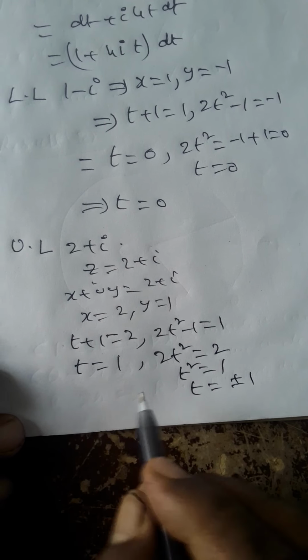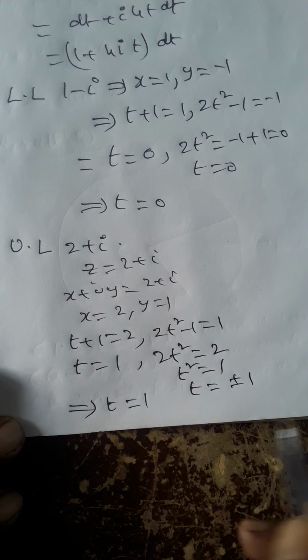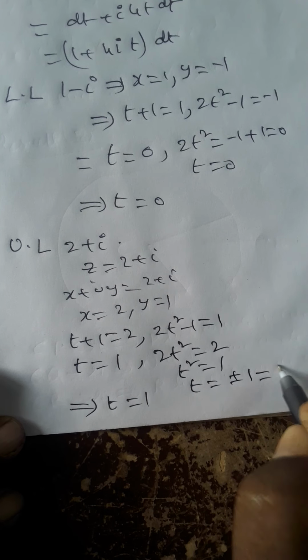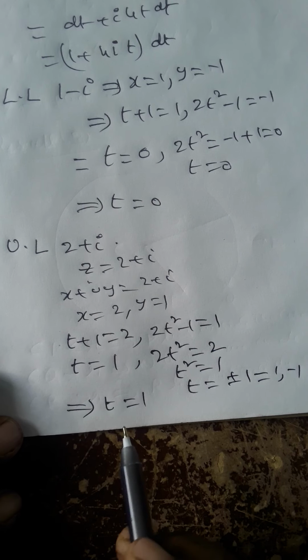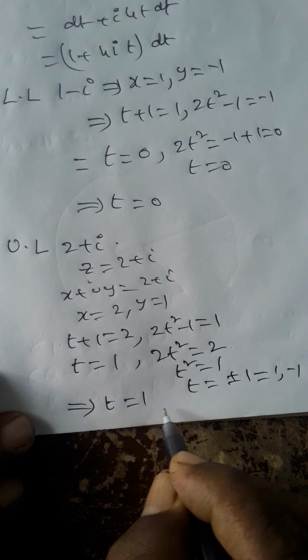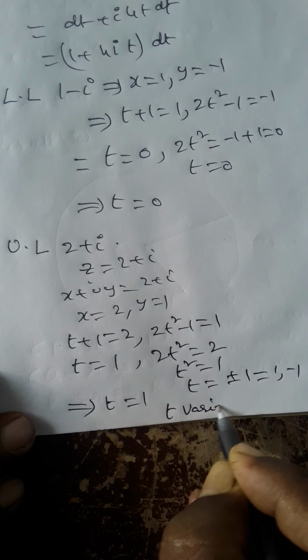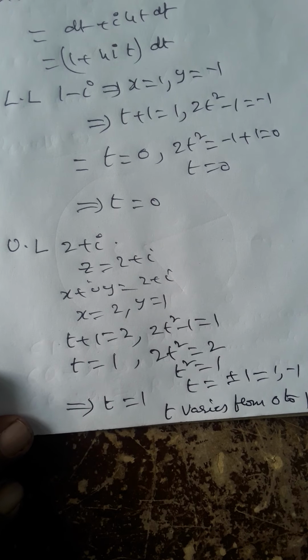Taking the common value, t is equal to 1. So t limits are 0 to 1. t varies from 0 to 1.